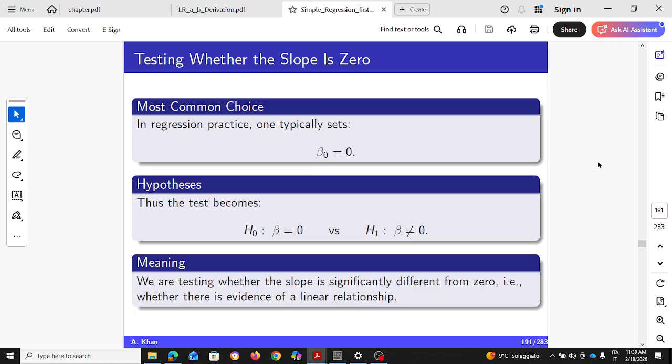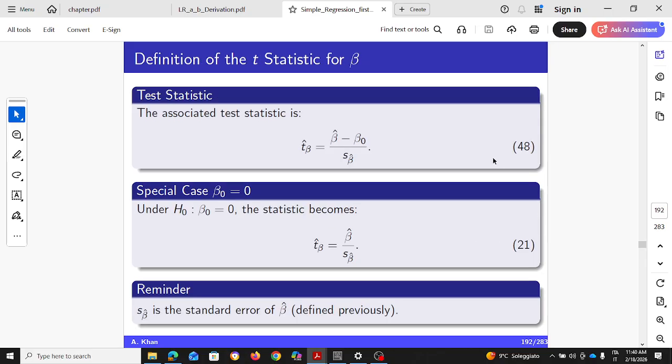Is it clear? Okay. Now I want to make sure I understood your point. For example, in that case, if beta is 0, the null hypothesis says beta is equal to 0. In the alternative case, we say it is not 0, it is different from 0. So now we have to test this. From the t-distribution, we know that beta hat minus beta naught, our a priori value, divided by the standardization.